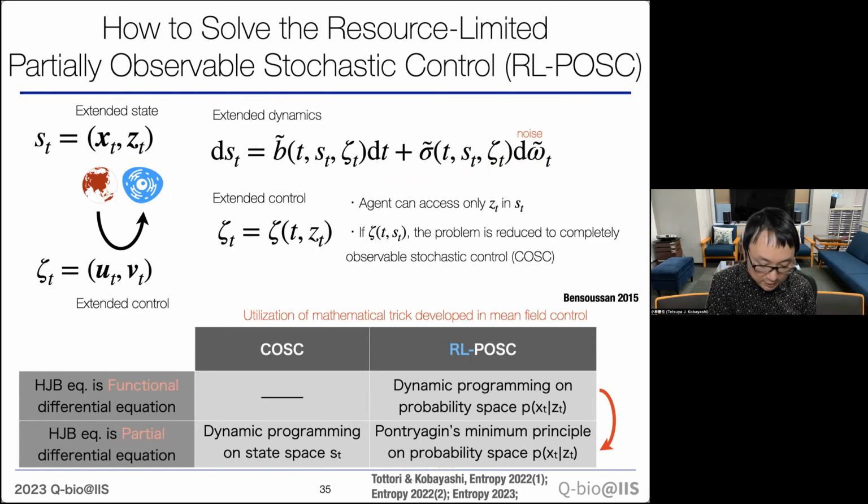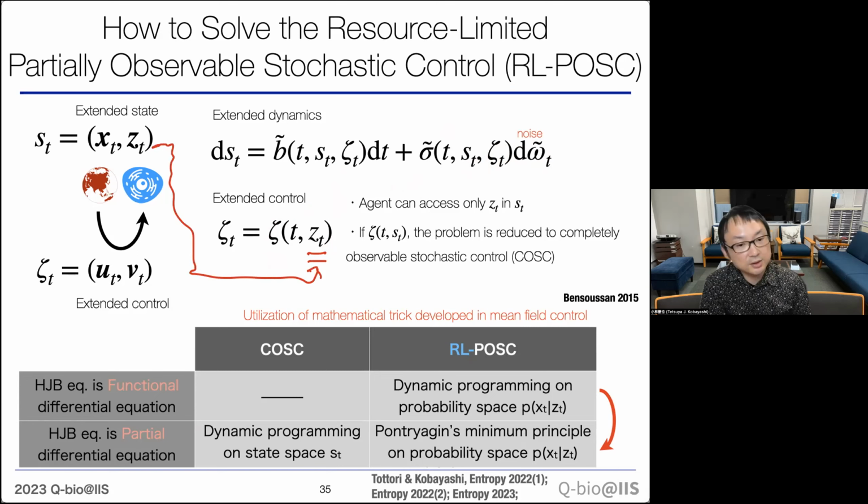And here we have the extended control. But the point is that this extended control is a function only of Z. That Z is the state of the agent. So the agent cannot directly know the environment. It can use its internal state to determine the control.